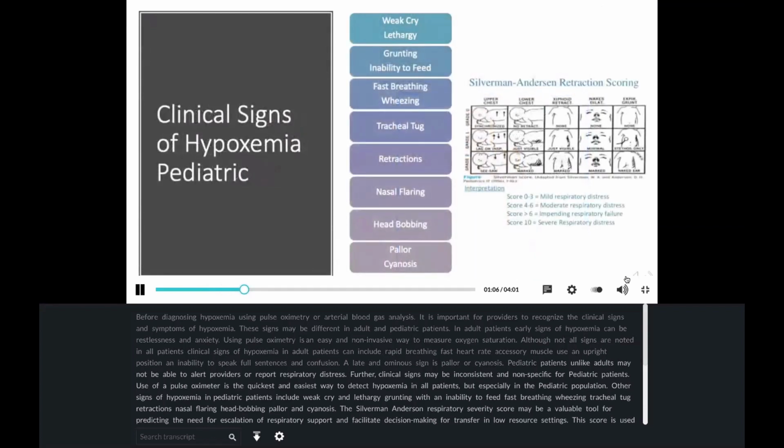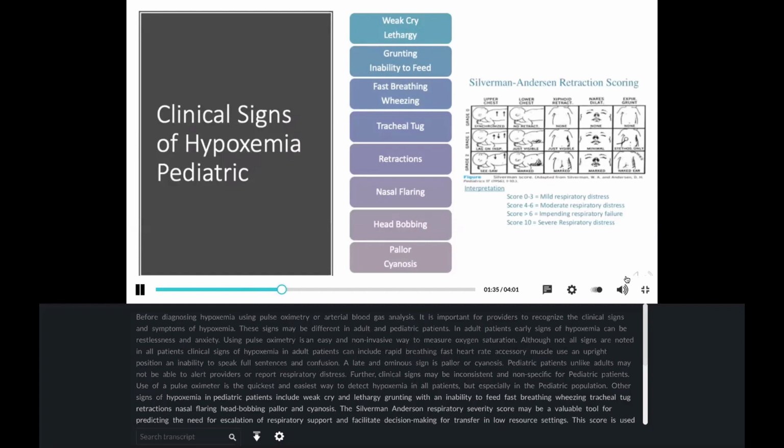Pediatric patients, unlike adults, may not be able to alert providers or report respiratory distress. Further, clinical signs may be inconsistent and non-specific for pediatric patients. Use of a pulse oximeter is the quickest and easiest way to detect hypoxemia in all patients, but especially in the pediatric population.